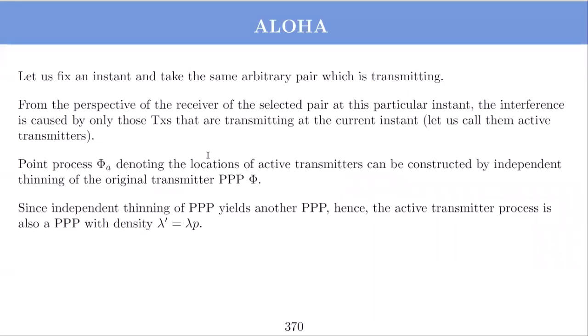So the point process of the active transmitters is a thinned version of the original point process. So it is also a Poisson point process with the density lambda times p. Okay, this is from the independent thinning theorem. Because I am independently thinning the PPP, I'll get another PPP, right?